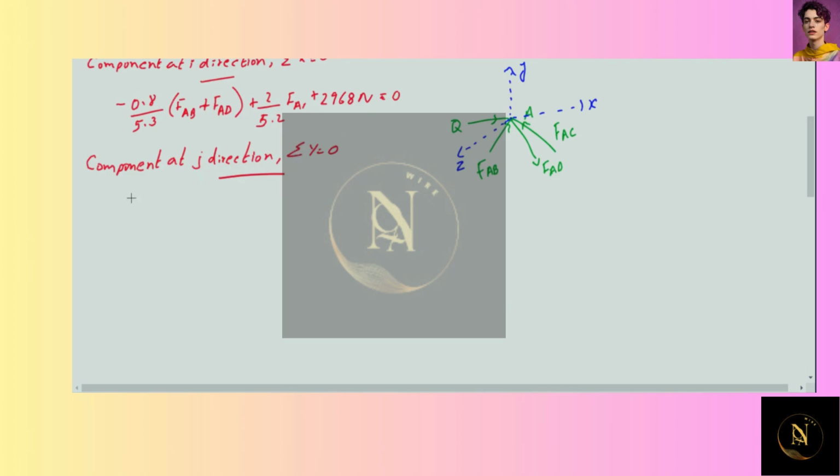So that will be 4.8 divided by 5.3 times, let's take this common outside, FAB plus FAD, plus 4.8 divided by 5.2 times FAC, will be equal to 0.